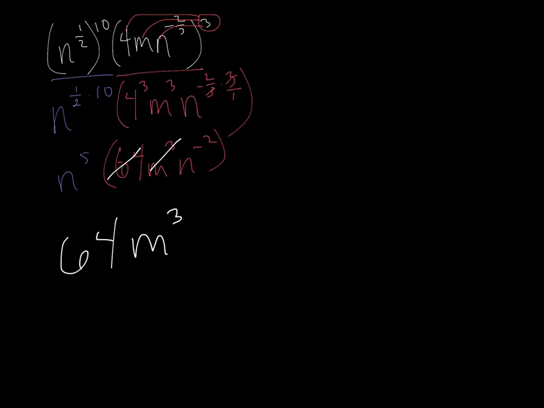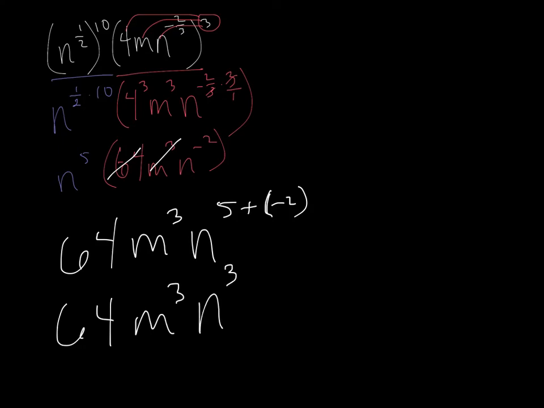And what do we do when we're multiplying the same base? What do we do with our powers? We add them, right? So we have n to the 5 plus a negative 2. So that's 64 m cubed n cubed. And there's our answer. Got it?